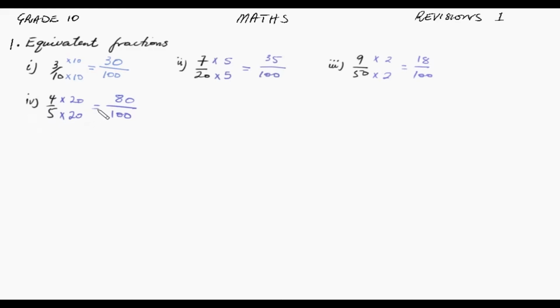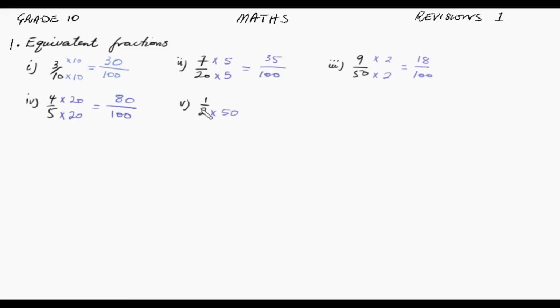Now let's look at another example. Let's say we have 1 over 2. If you have 1 over 2 and you want to write an equivalent fraction with 100 as the denominator, then to make 2 into 100, we multiply by 50.